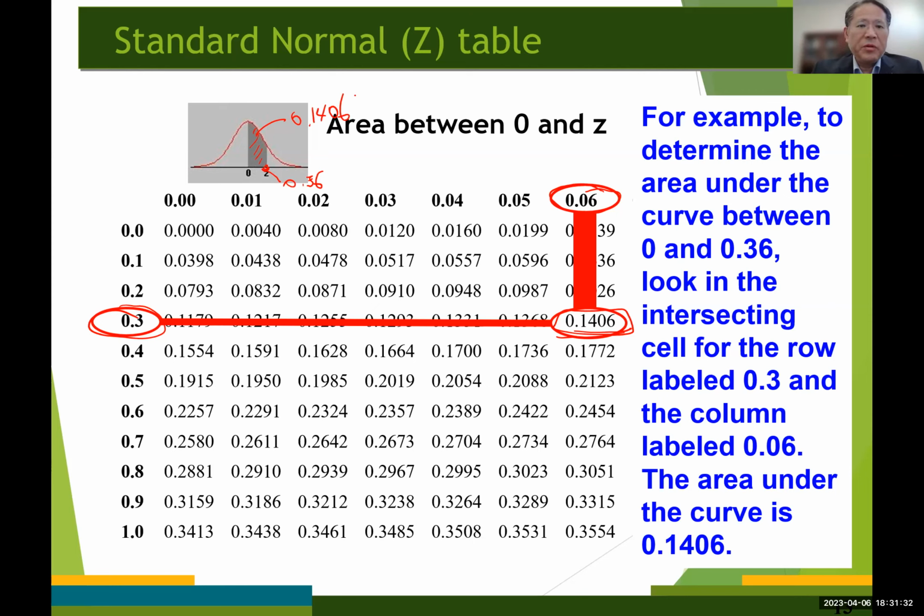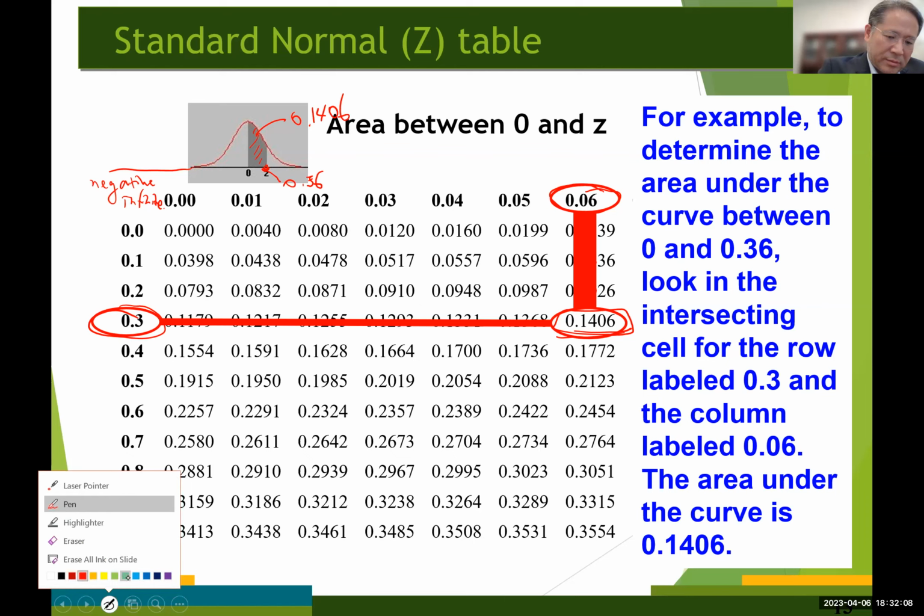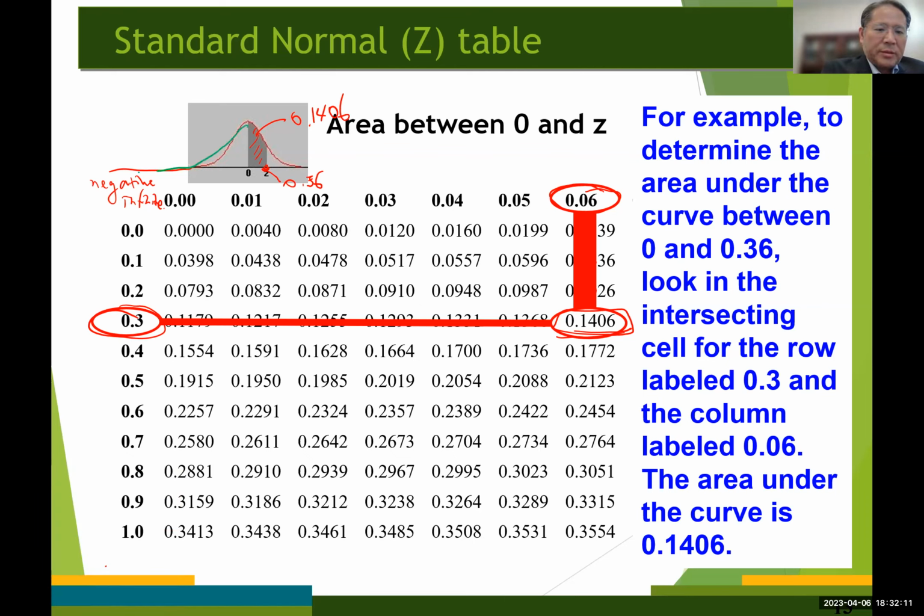Of course, if you want to obtain the area under the curve between negative infinity and this value 0.36, then you simply need to add 0.5, because this area is going to be equal to 0.5, right?